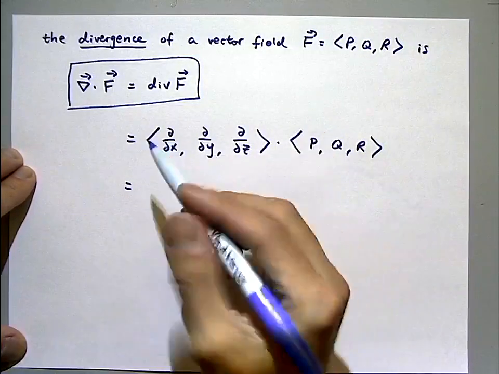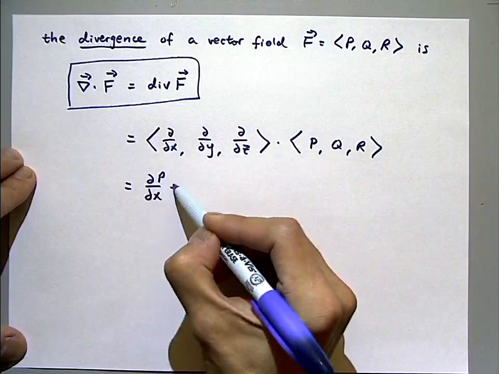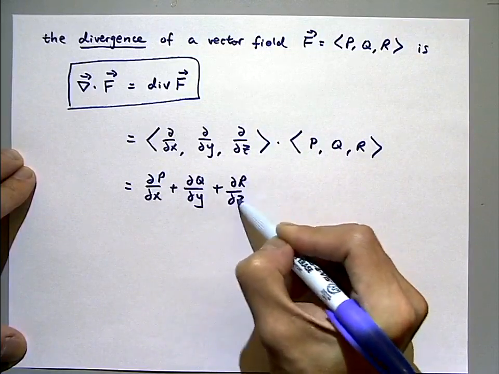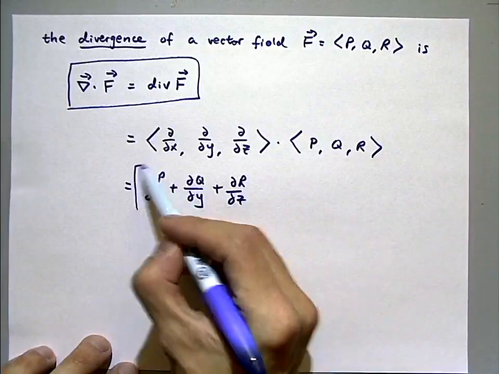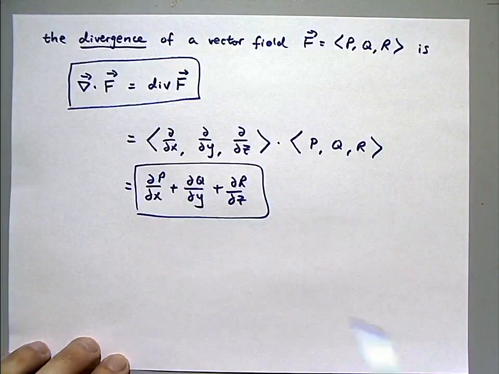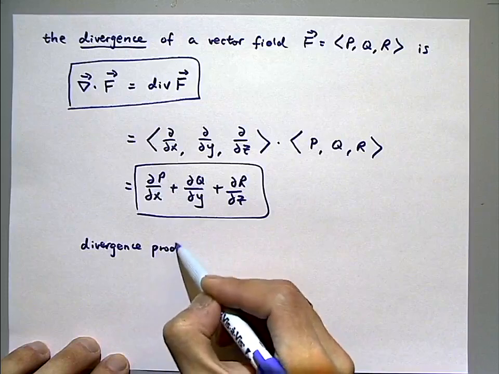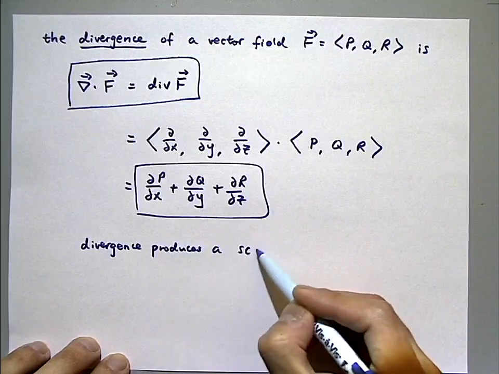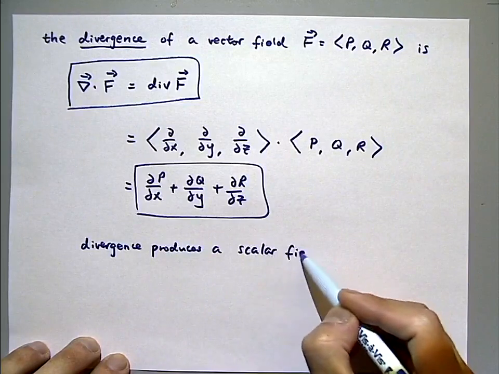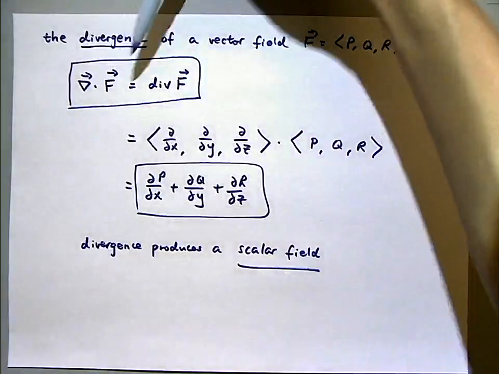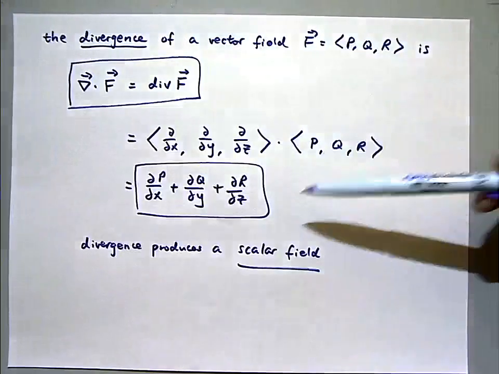So we get partial P partial x plus partial Q with respect to y plus partial R with respect to z. And the divergence operation produces a scalar field. The dot product of two vectors is always a scalar. Same thing here, the dot product of a vector and a vector-like quantity in the end gives us a scalar.